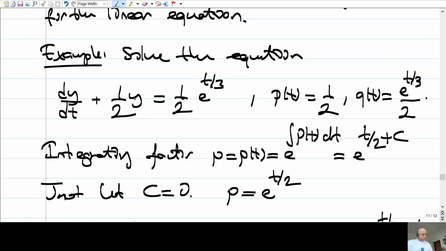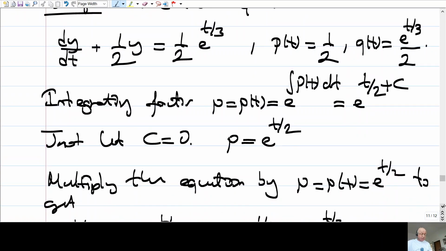And we did one example here. So this differential equation, which is a linear equation, because no two y terms are multiplied, right? The function p is just 1 over 2, and q is 1 over 2 times e to the power 3t over 3. From this, the integrating factor is just e to the power t over 2 plus c. And since we just want one integrating factor, why not choose c to be 0, so that we get something simple, which is e to the power t over 2.